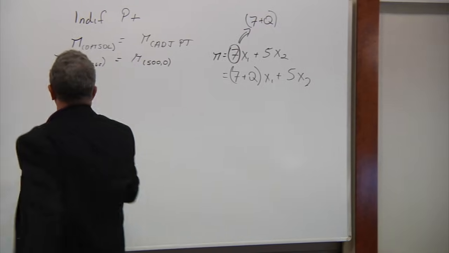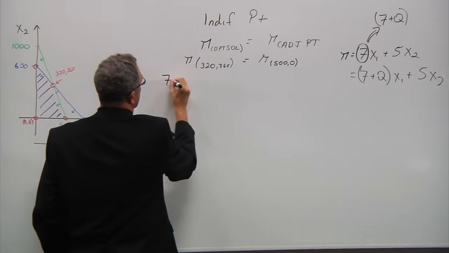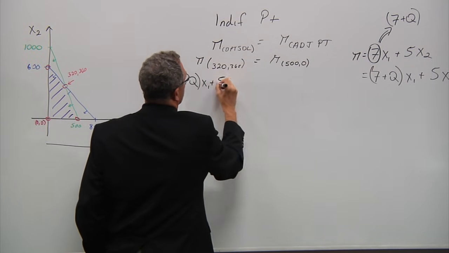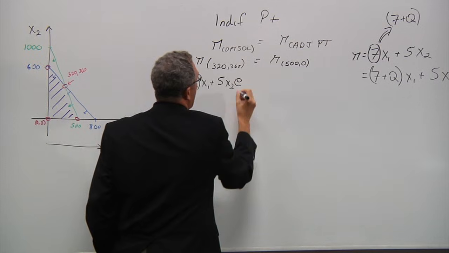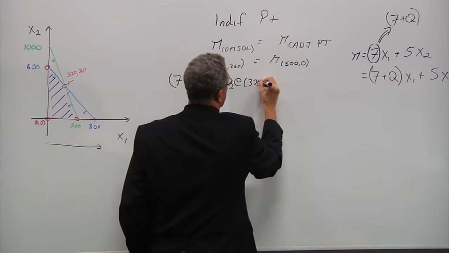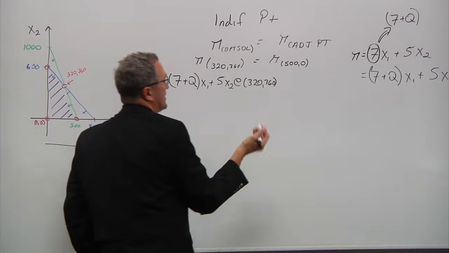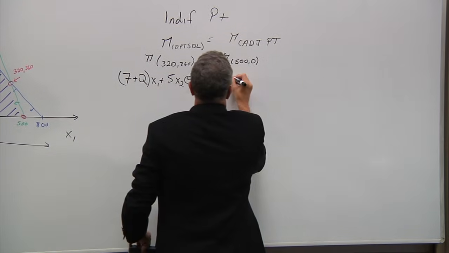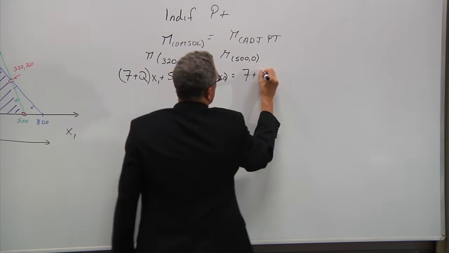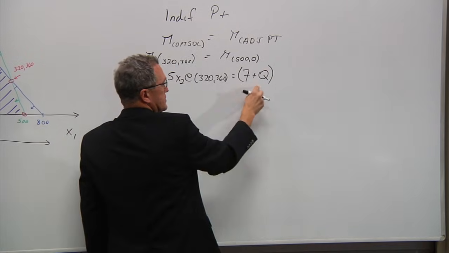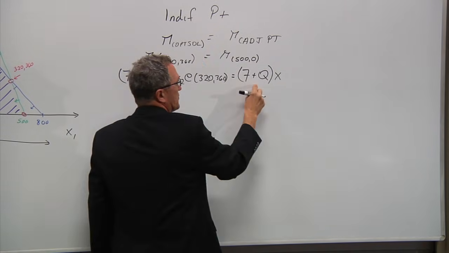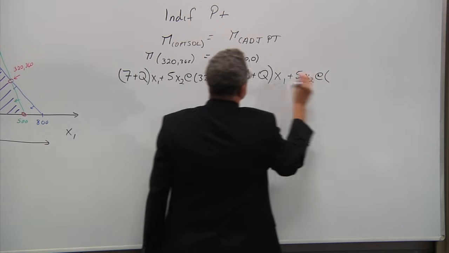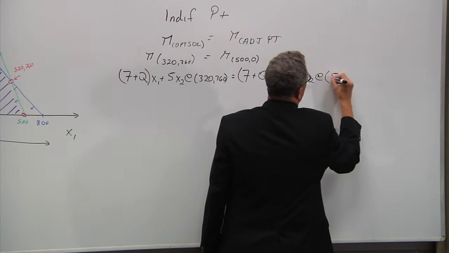So let's go over here and try this again. So this becomes 7 plus Q x1 plus 5x2 at 320, 360. And at the indifference point, that's going to equal 7 plus Q, again that change in the coefficient, change in the profit margin, x1 plus 5x2, at the adjacent point, 500, 0.